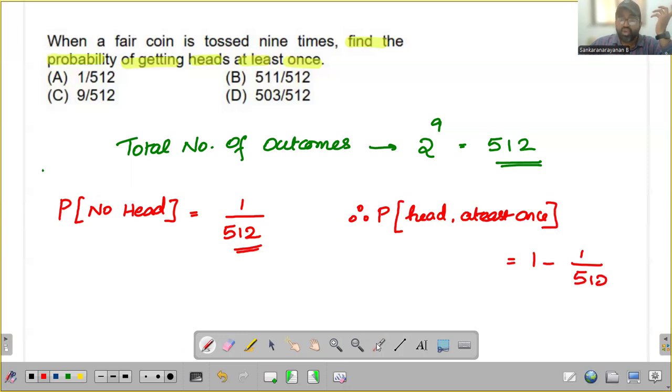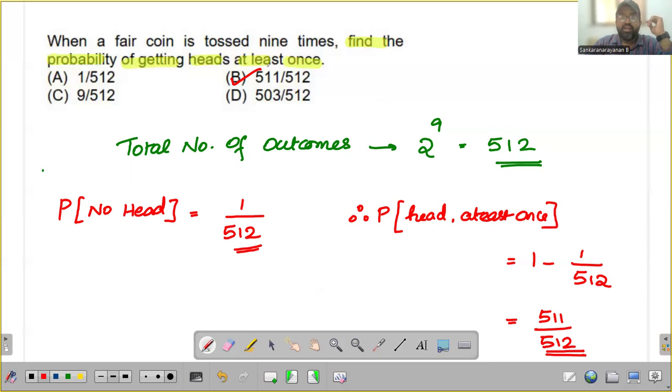They are saying that it is not this case, which means my answer is 1 minus 1 by 512, and that is equal to 511 divided by 512. So option B, it reads 511 upon 512. That is going to be my answer. So please be careful with this approach. What is the probability that you are going to get heads at least once? For that, what you have to do is find the probability that head is never going to happen. But that is not what is asked. So 1 minus 1 by 512, 511 by 512, that is going to be my answer.